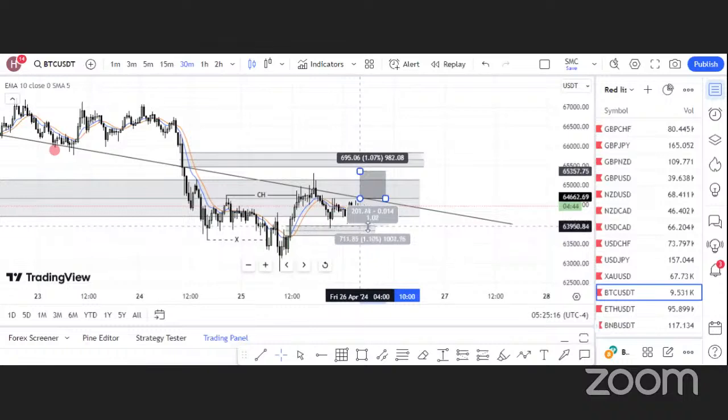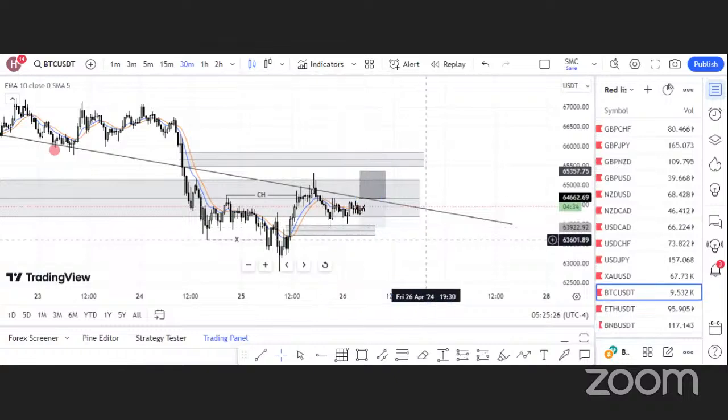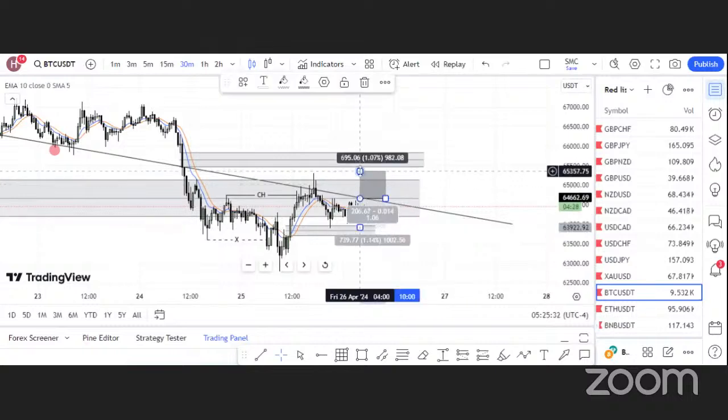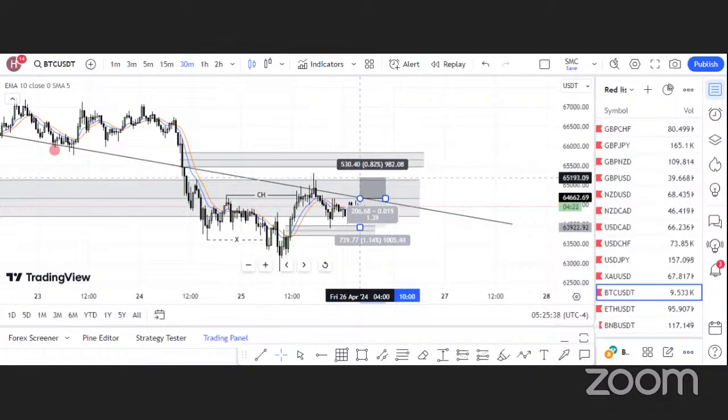Our take profit will be here, the 50%. Okay, I don't want it to get into the 50%. I'm just going to put it just before the 50%. Okay, so that will be my take profit, and my stop loss would be just right above here.